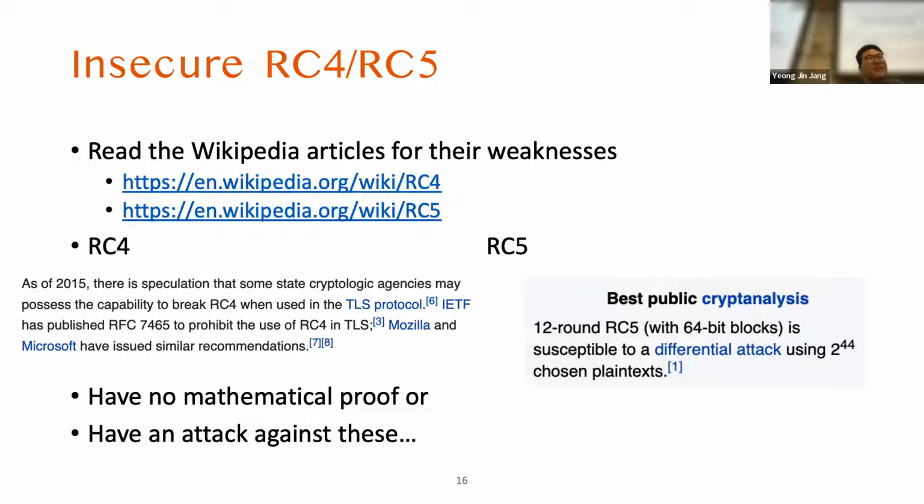It seems huge, but at supercomputer scale these days, 2 to the 44 is not that big a number at all. So this sentence states that RC5 is not secure in the current era. And then the reason, yes, question?